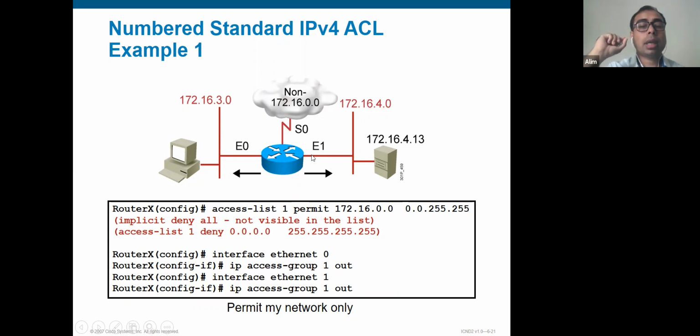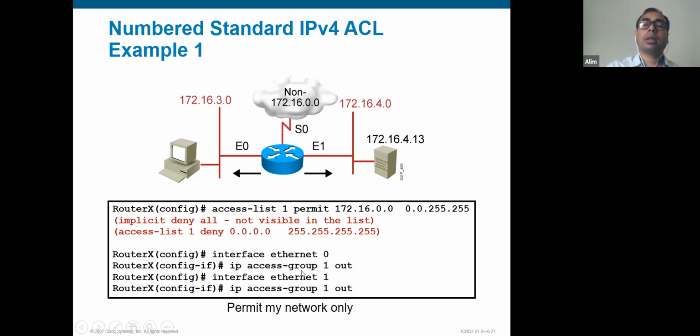We are applying this rule, and we call it by the name access group. Although you will see a difference: access list 1 is defined, but when we apply it in Ethernet interface 0 and Ethernet 1, we write IP access group.